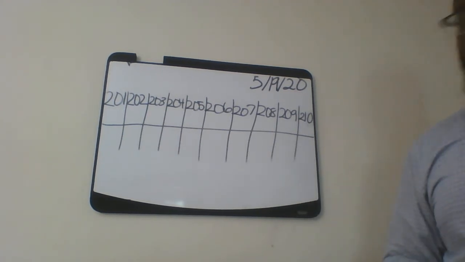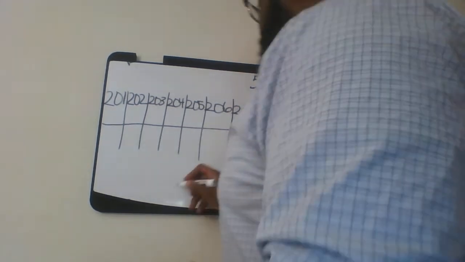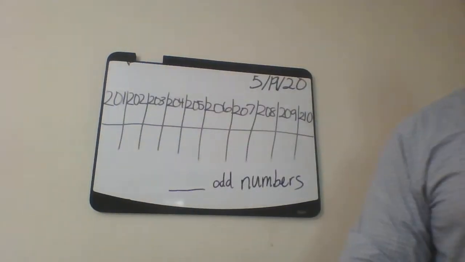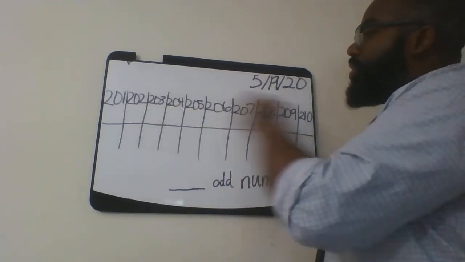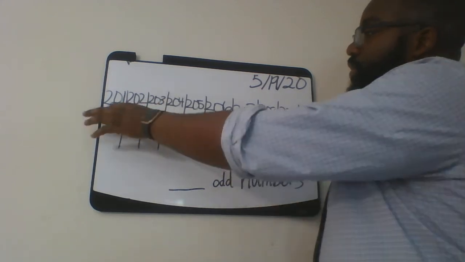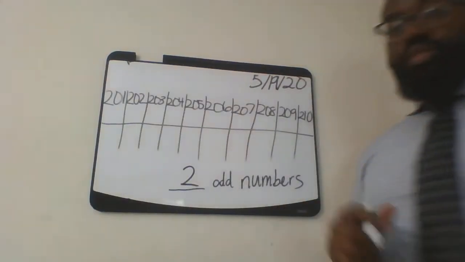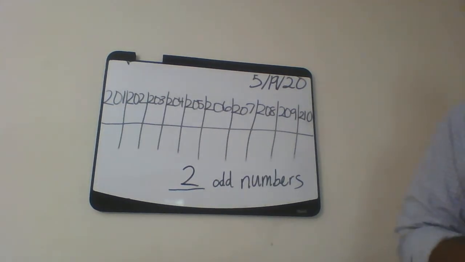So the first question says, how many rows of odd numbers? Now, notice these are rows going across. These are rows. So this is the first row, this is the second row. So for that one, you just write 2.